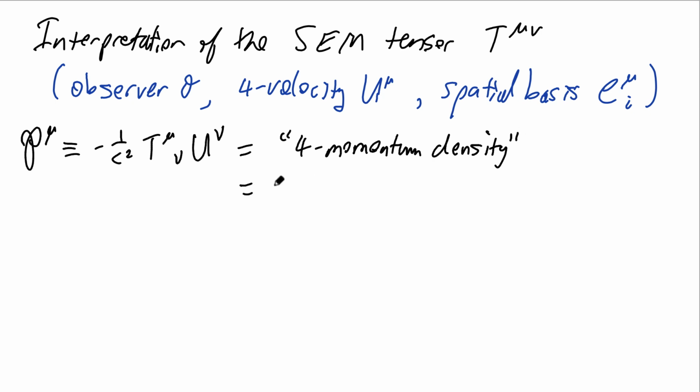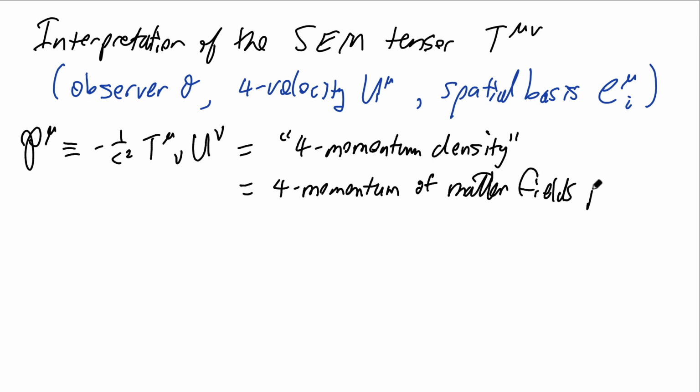In more detail, this is the 4 momentum of the matter fields, or the non-gravitational fields, per unit volume, but it's per unit of the volume as seen by O, so we'll call this O's volume.